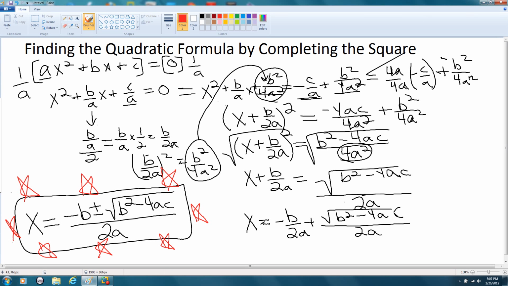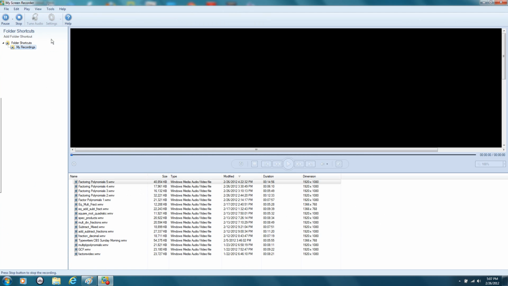So x is equal to the opposite of b plus or minus the square root of b squared minus 4ac all over 2a. So remember that. Practice it. Think of some easy way to remember it. With that, I'll stop.